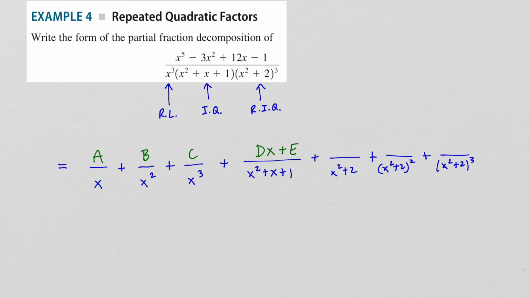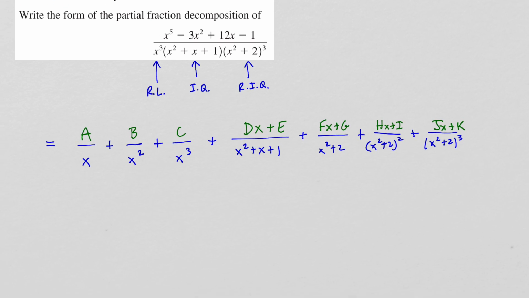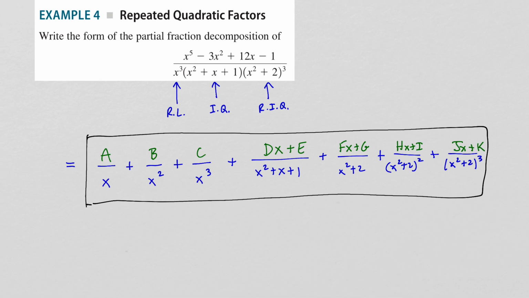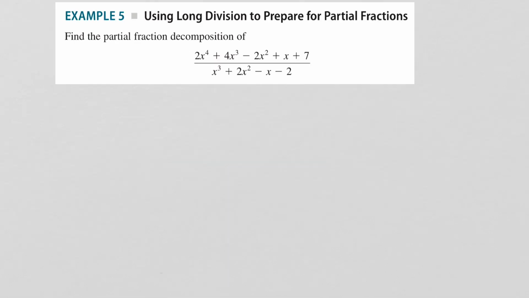And so if we continue here, we're going to have fx plus g, hx plus i, jx plus k. And in this case, we're not actually going to solve for all these letters. This would take a very long time to do. We're more just interested in the setup of the partial fraction decomposition.